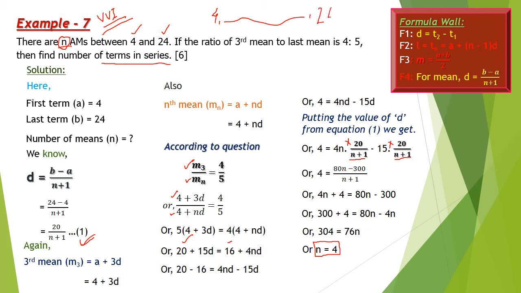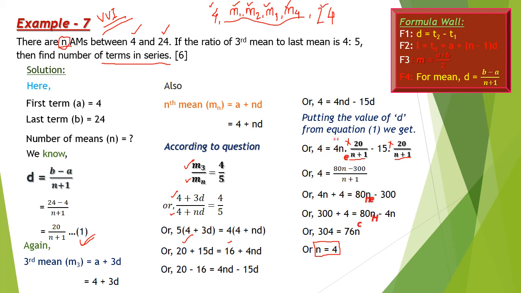Now in total there are 6 terms, isn't it? There are 4 means, M1, M2, M3, and M4. Now we can count. There are 6 terms: 1, 2, 3, 4, 5, and 6.